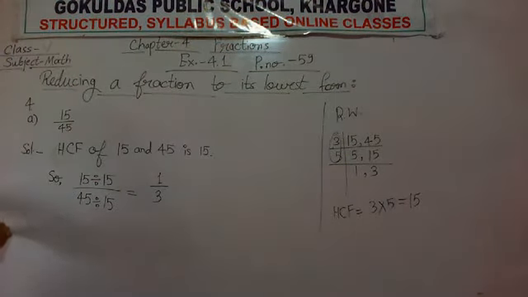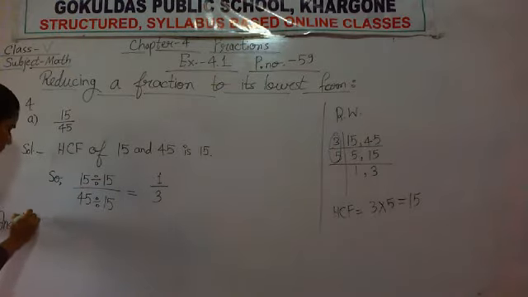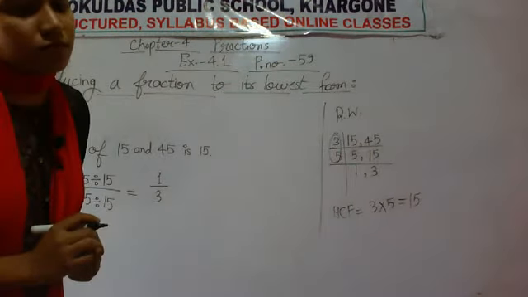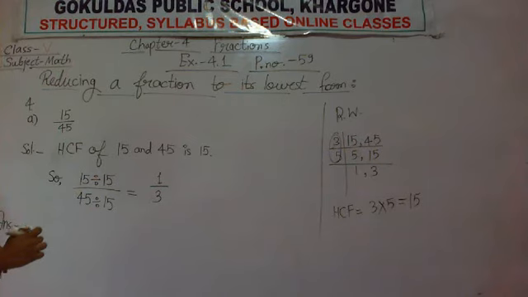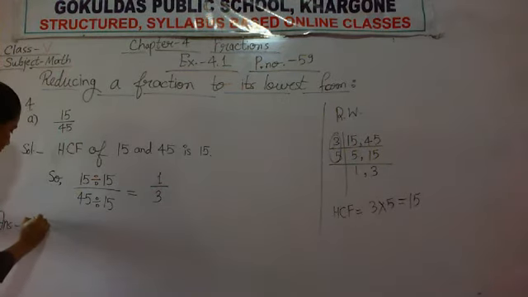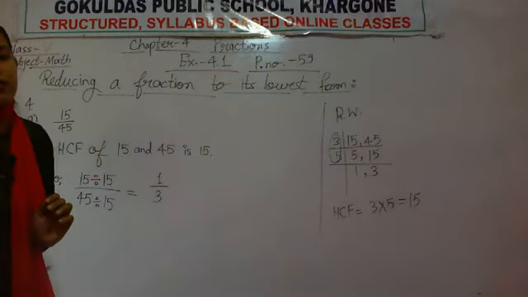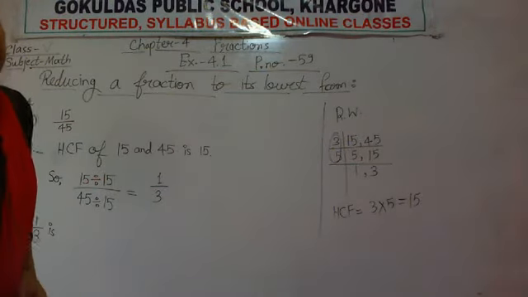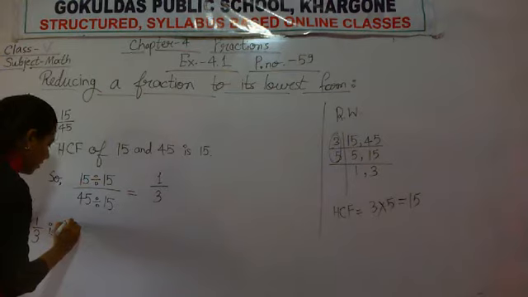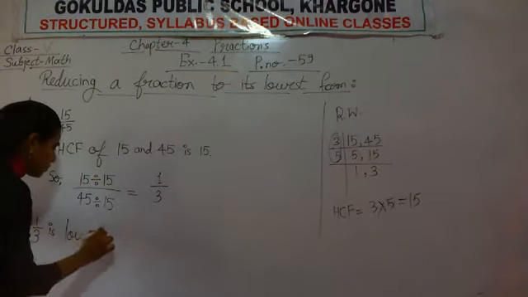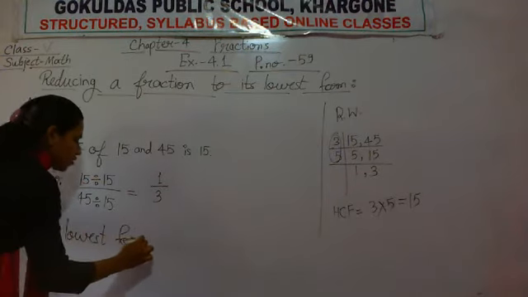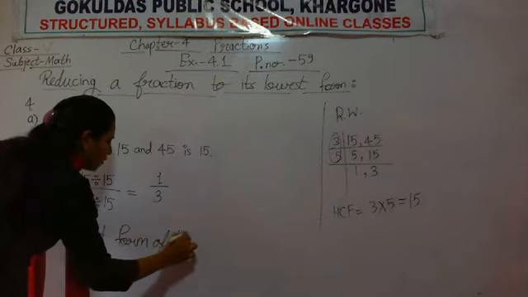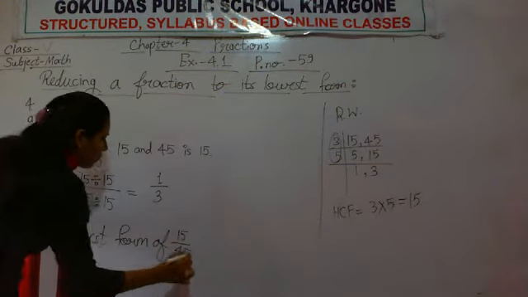So 1 by 3 is the lowest form of 15 upon 45.